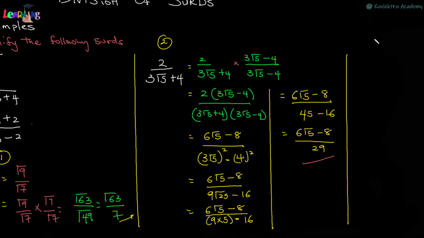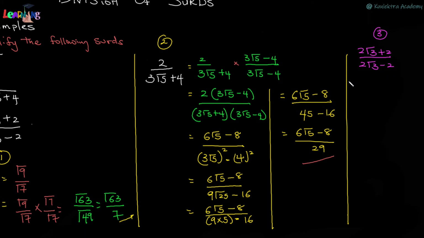Now for 3, for visibility, you have 2 root 3 plus 2 over 2 root 3 minus 2. How do you go about this division? You rationalize by its conjugate. What is the conjugate of 2 root 3 minus 2? That would be 2 root 3 plus 2.